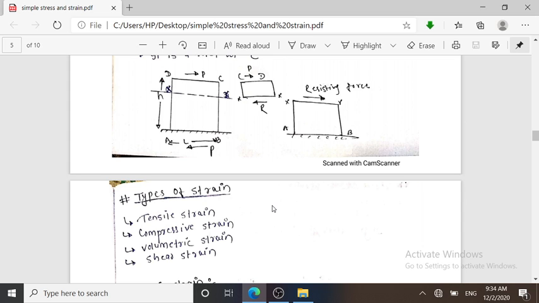While we are applying force tangentially on the surface of CD, from D to C, then there must be a resisting force which counteracts the tangential force. So there must be a force from C to D to counteract, or to keep the body in equilibrium. So this is nothing but the shear stress.